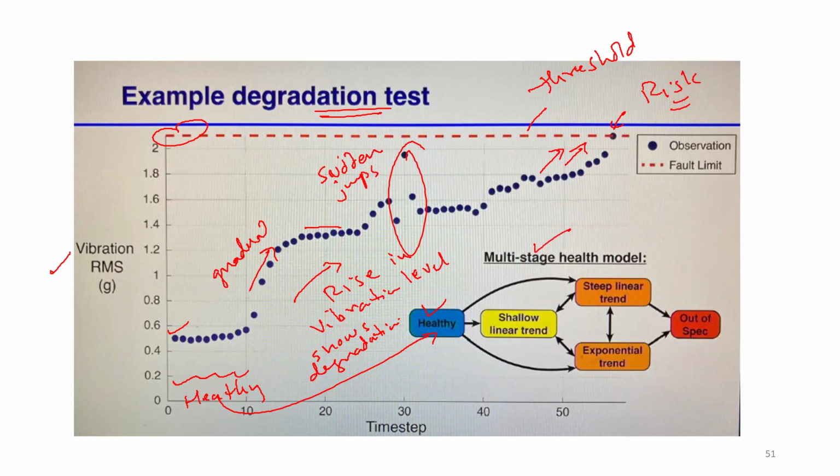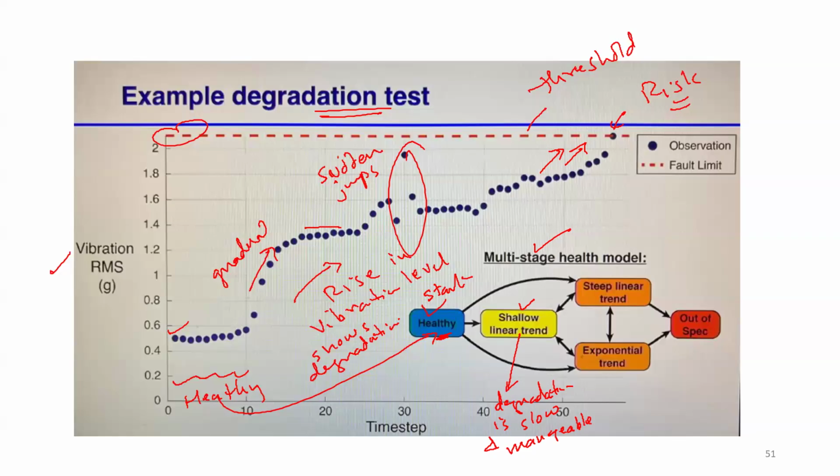And here is the multi-stage health model of this behavior. We see the system starting very healthy, and then it may transit into the shallow linear trend. The degradation is slow and manageable here.